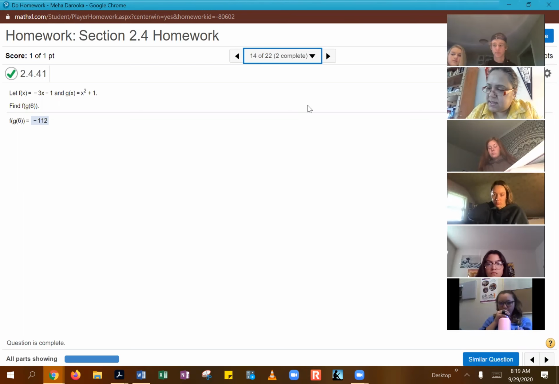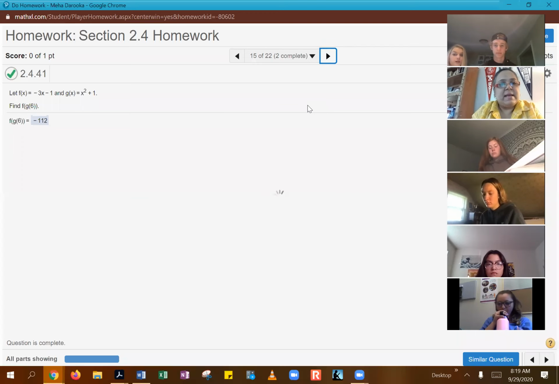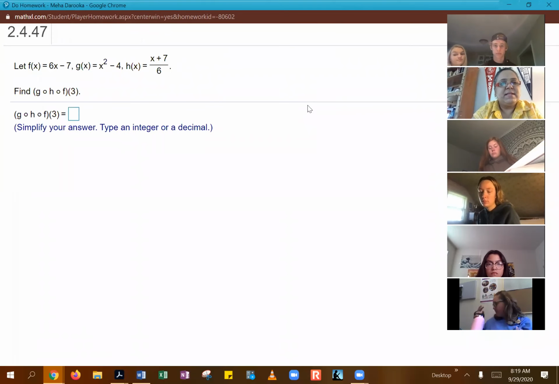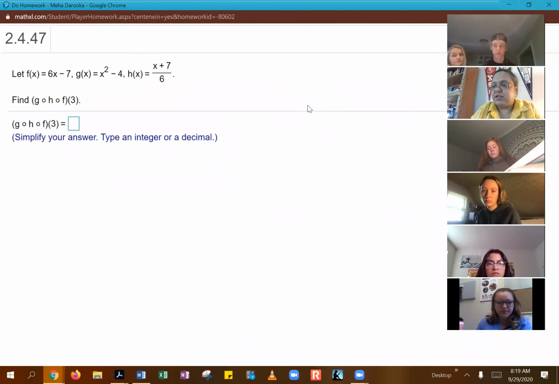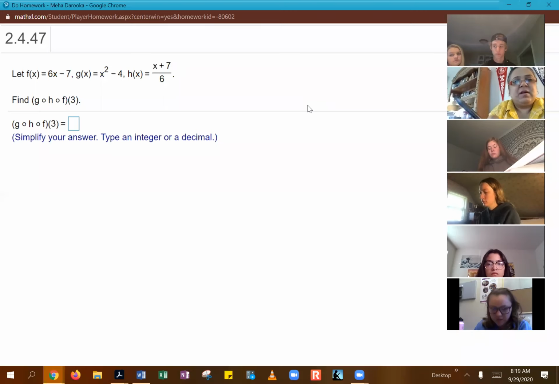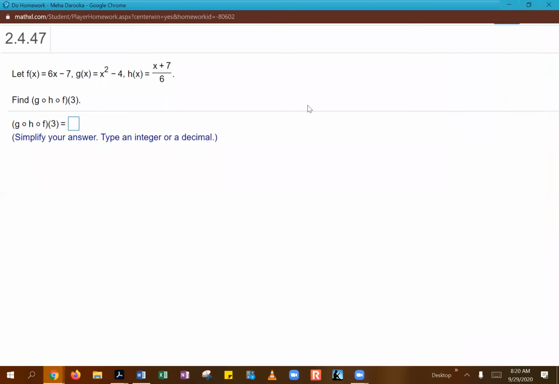All right, very nice. Now let's take a look at this one over here, very similar, but now you are doing 3 functions instead of just 2. So we've got g of h of f at 3.